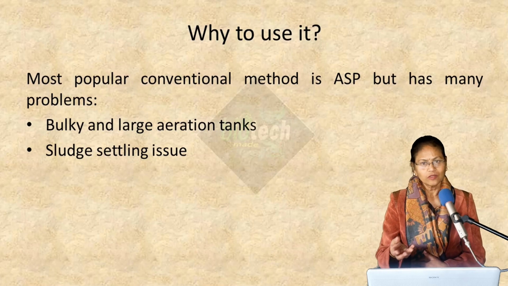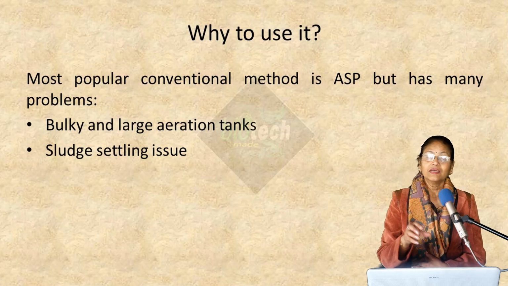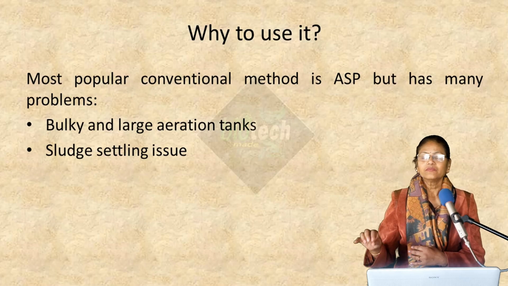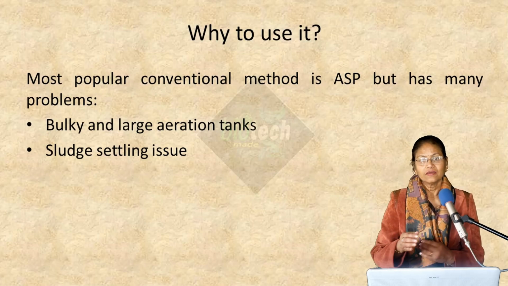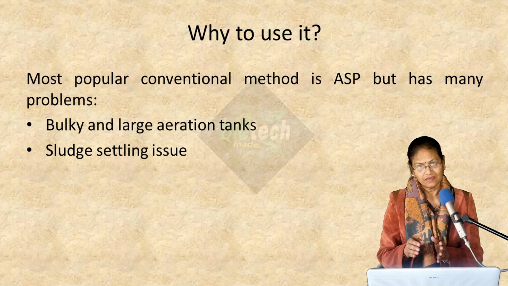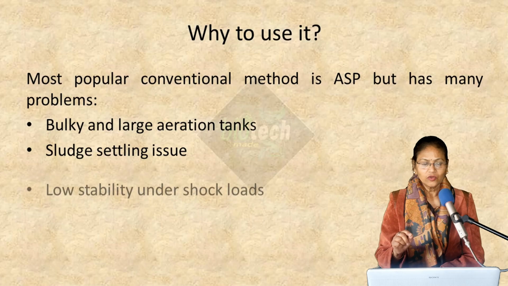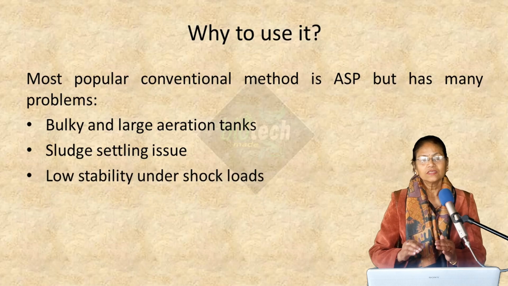This ASP is also a biological system. Here the microorganisms are floating, so most of the time many of them are washed away, and settling is very poor. So this settling issue is there, and there is low stability under shock loads.